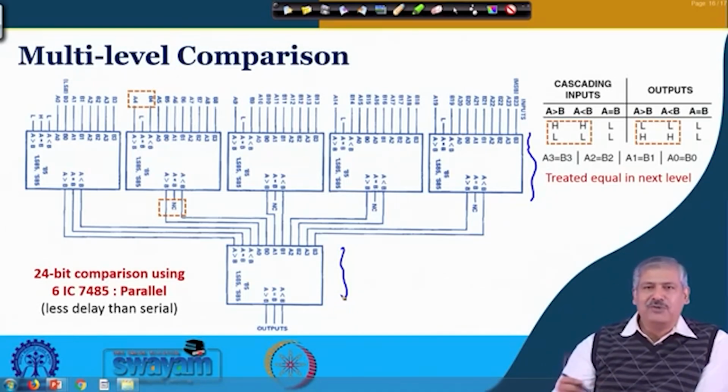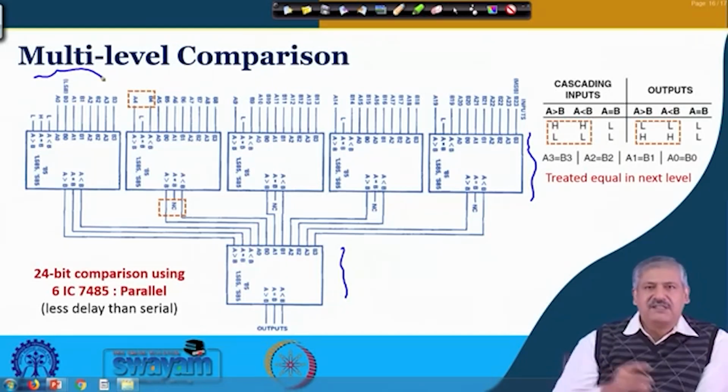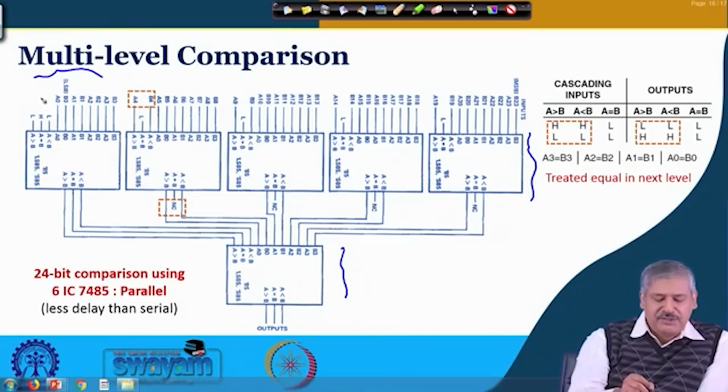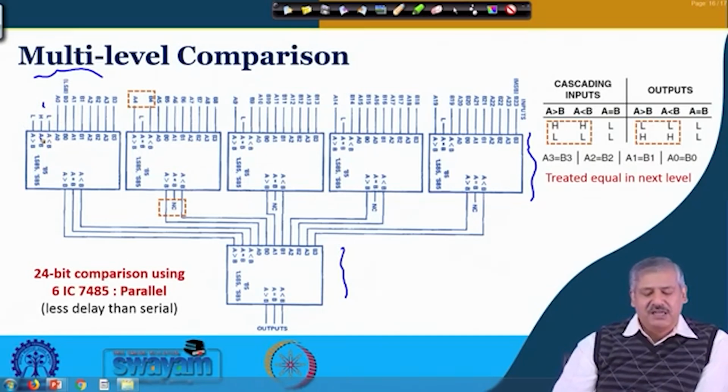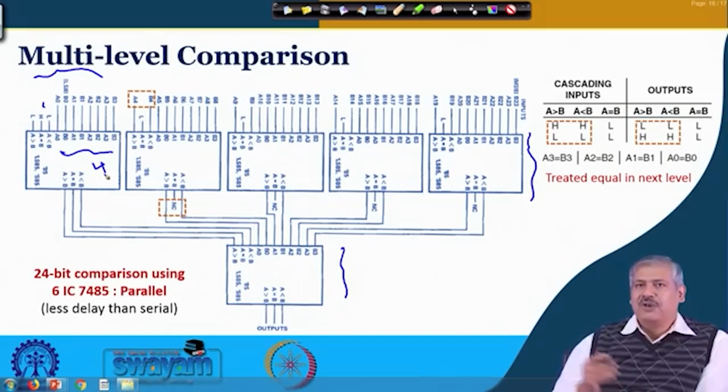As such, for 5 comparators you can get 5 into 4, 20 inputs, but how have 24 inputs been placed there? For this, the least significant 4 bits are connected the standard way. So, A is equal to B is high and the other 2 are low, right. So, there go 4 inputs, and we have another 20 inputs to place.